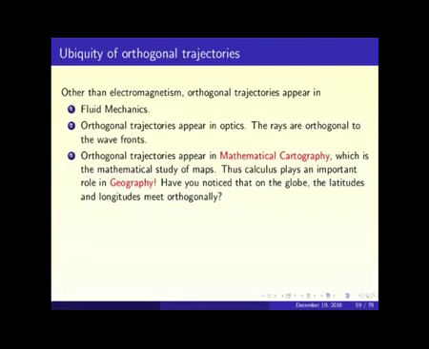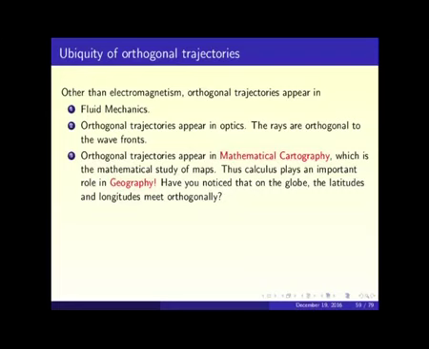Orthogonal trajectories appear in mathematical cartography. What is cartography? It is a science of map making. The science of map making is very old and it is very rich and very mathematical. The Finnish cartographers from Finland, they did a phenomenal amount of work.